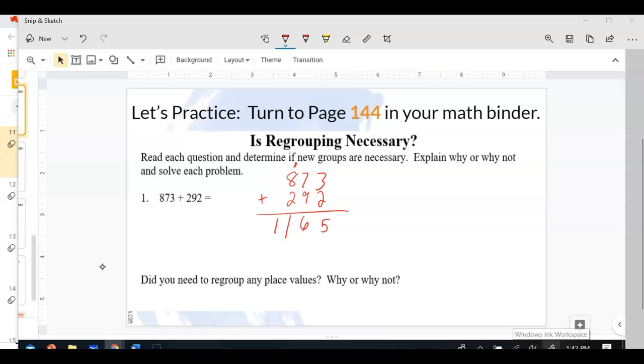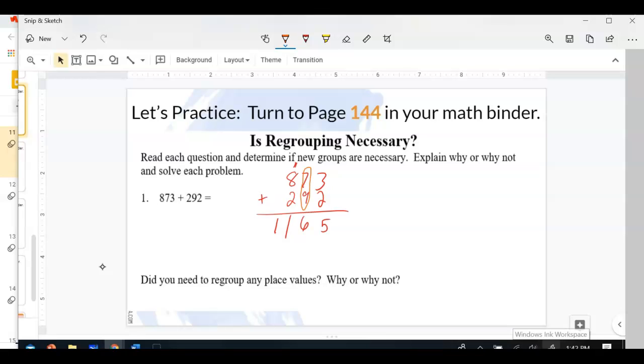And you'll see that for this problem, for the ones place, I added the 3 and the 2, which is 5. I did not have to regroup here. When I go over to the tens place, and I add the 7 and the 9, that is 16. So I had to regroup the tens place here.